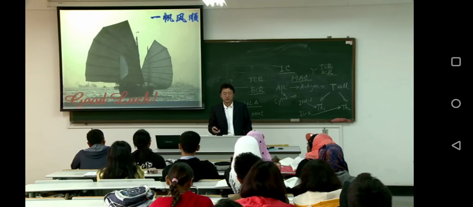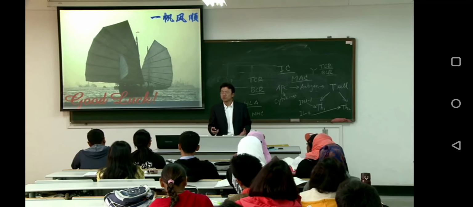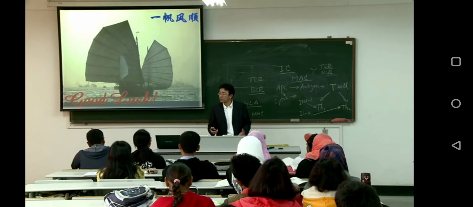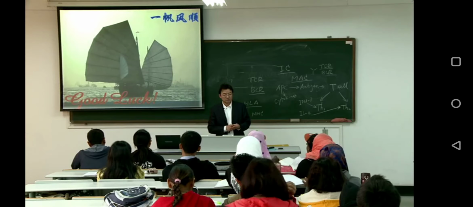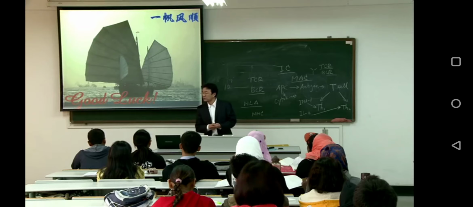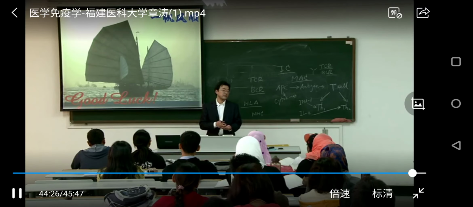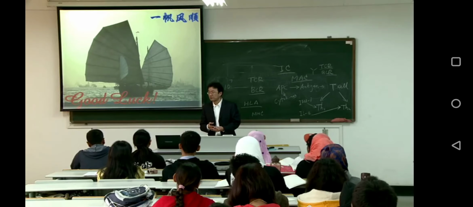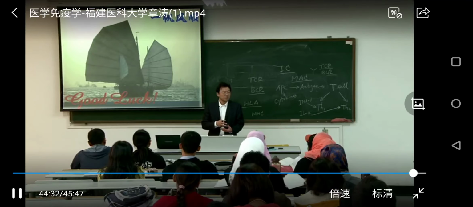So now we know the immune system. We know the components of the immune system, immune organs and tissues. How many immune organs or tissues are in the immune system? We now know the central and peripheral organs.